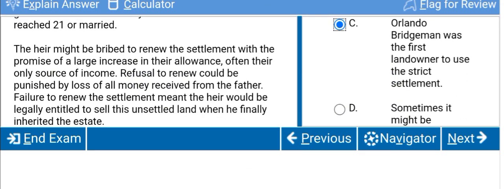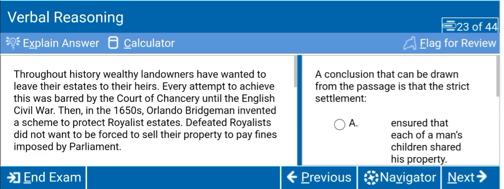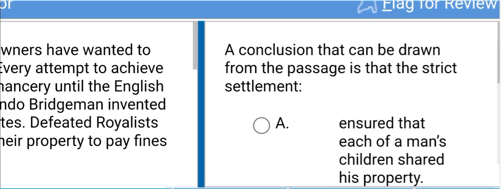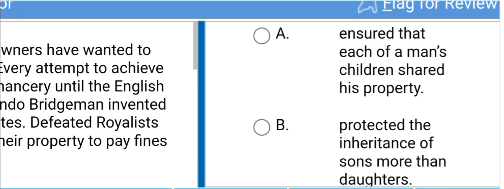Okay, next we have question number 23, which is: a conclusion that can be drawn from the passage is that the strict settlement. Option A, ensured that each of a man's children shared his property.